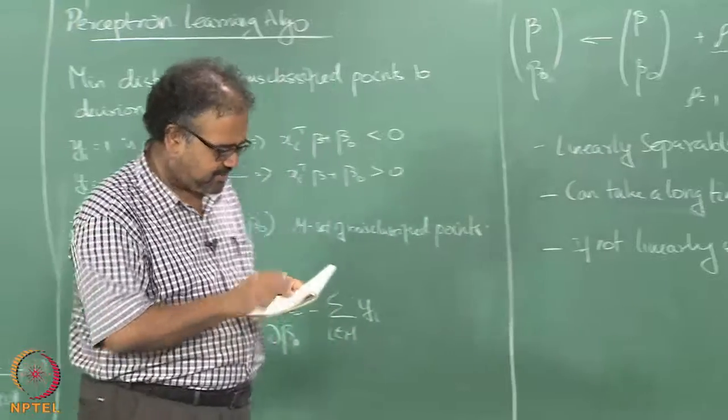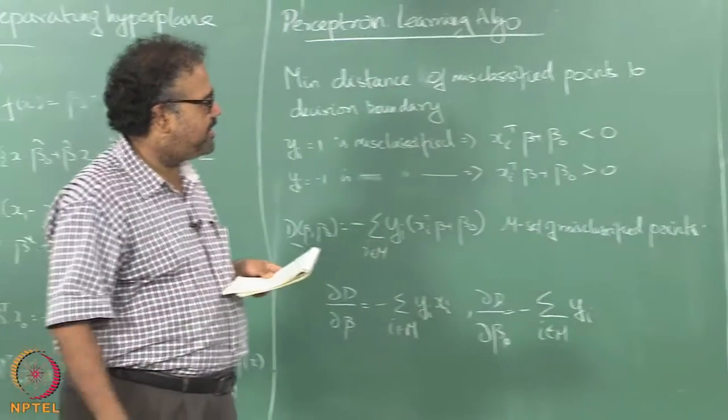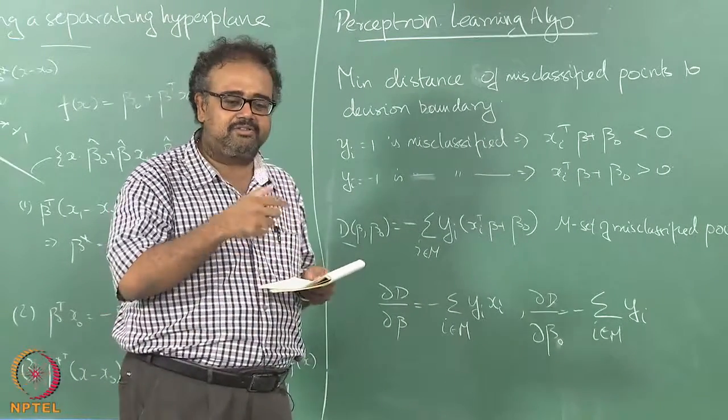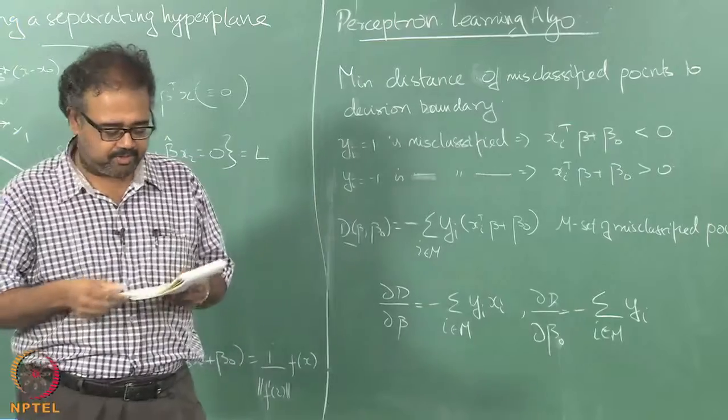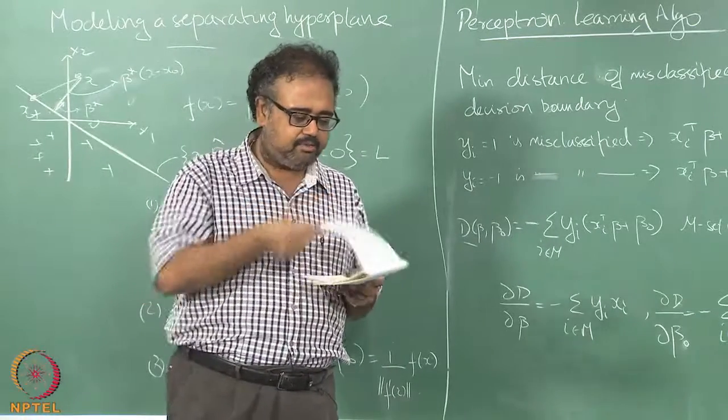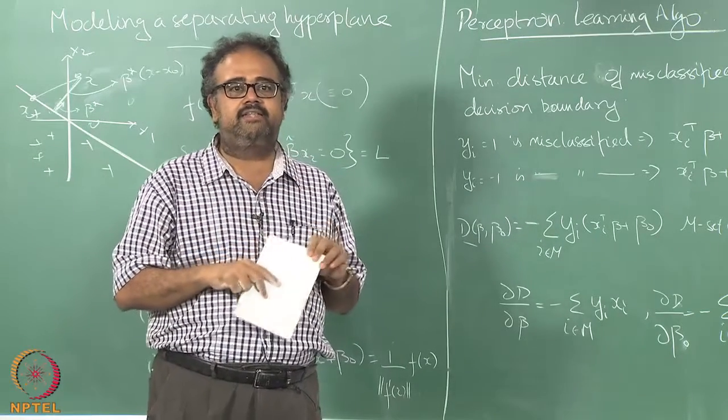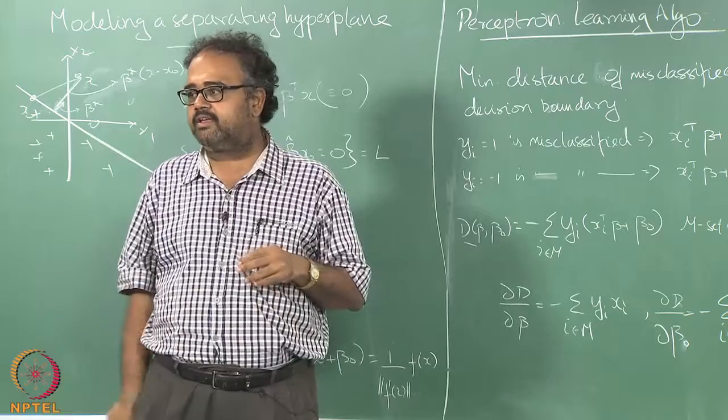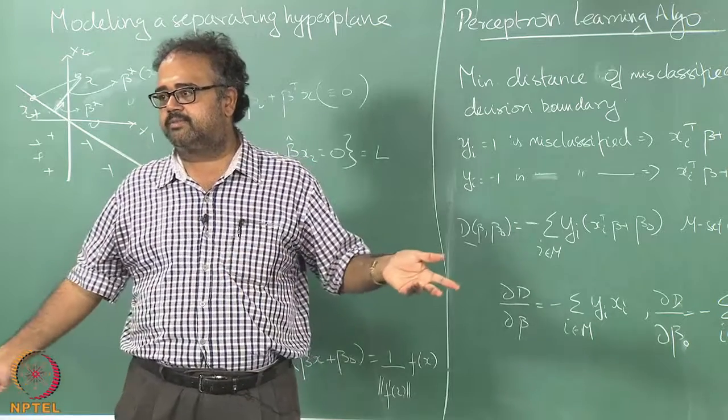So people discovered a lot of drawbacks to perceptrons, and the biggest drawback was that some very, very simple problems that you want to solve are not linearly separable.